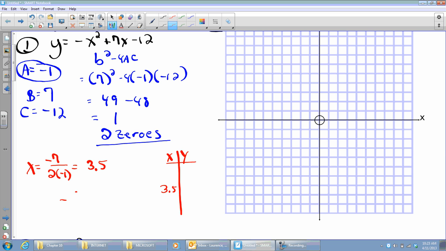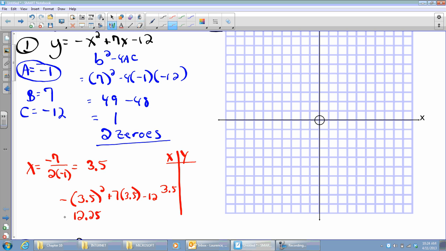So I'm going to get negative of 3.5 squared plus 7 times 3.5 minus 12. Okay, I think this is going to be 12.25. And I'm betting that this one's going to be like 24.5. I'm just going to double check on a calculator, but I'm pretty sure. Yep, sure is. And that's a -12.25.